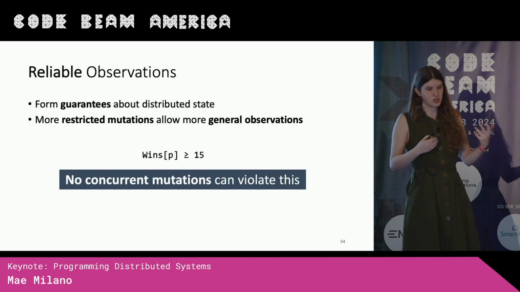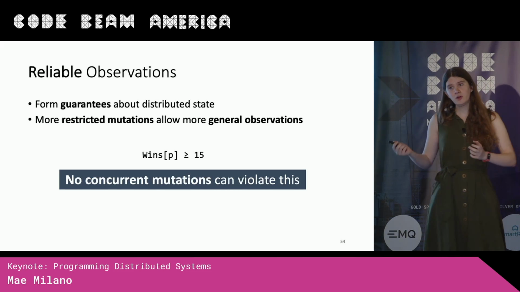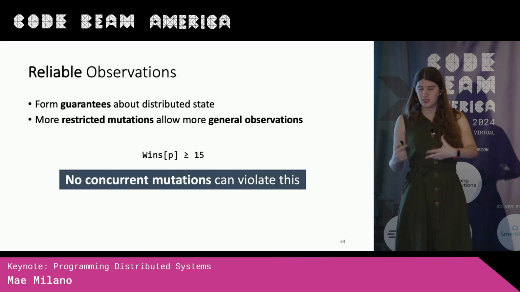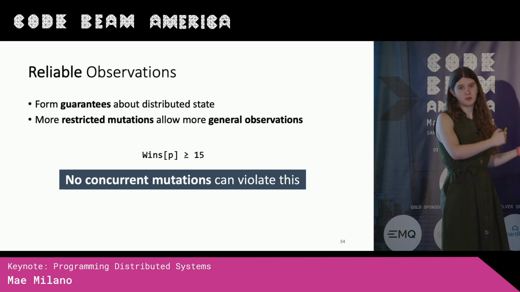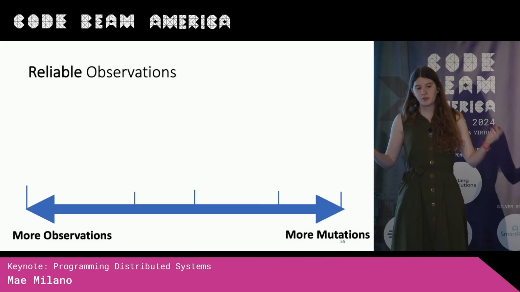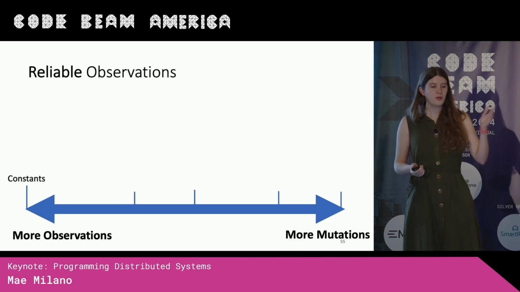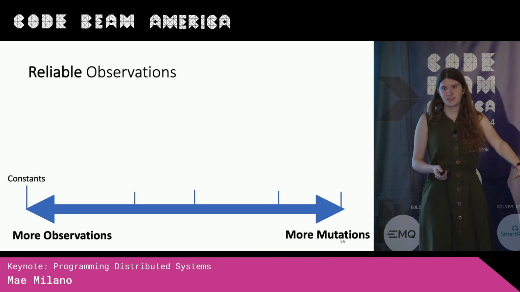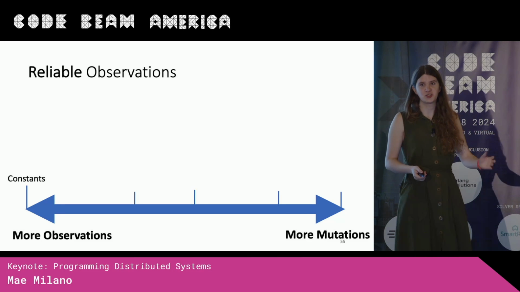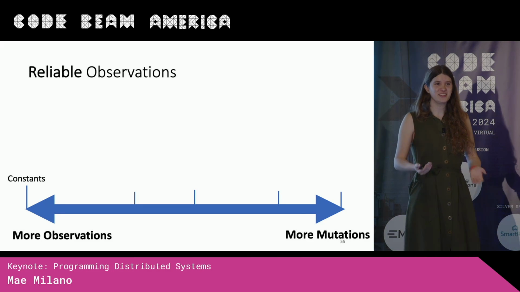This winds up pointing to a general observation, that the more you restrict the allowed mutations on your state, the more general the observations you can make while keeping those observations reliable. There's kind of a spectrum. On the one extreme, we have things like constants, where under arbitrarily weak consistency, every single observation is reliable, because they're constant, they don't change.